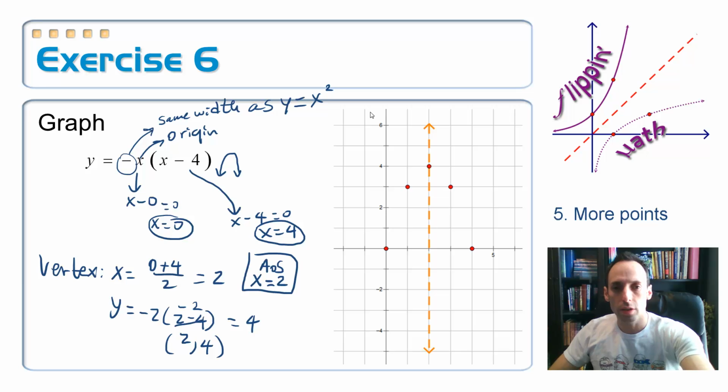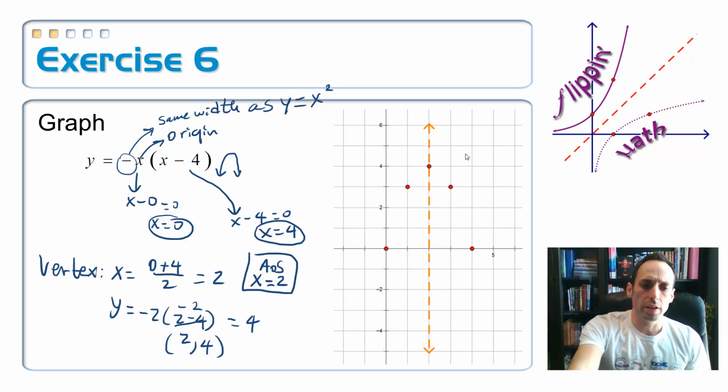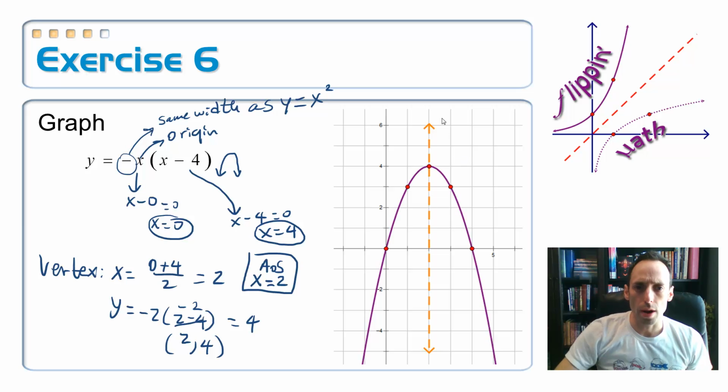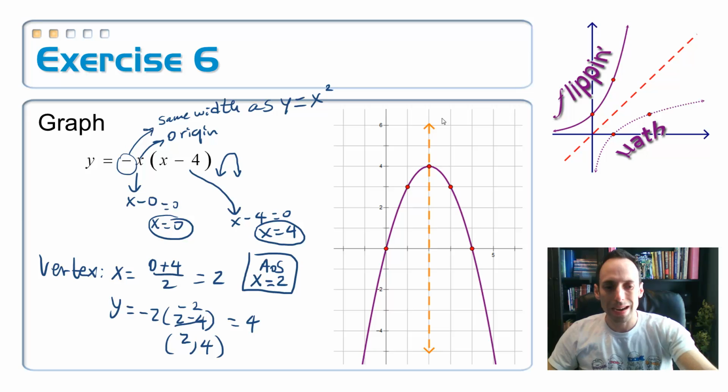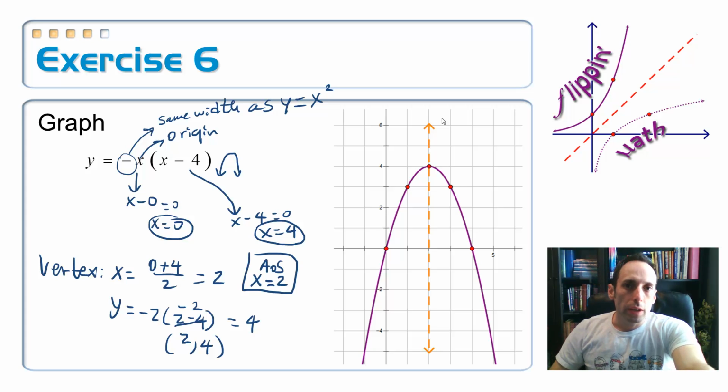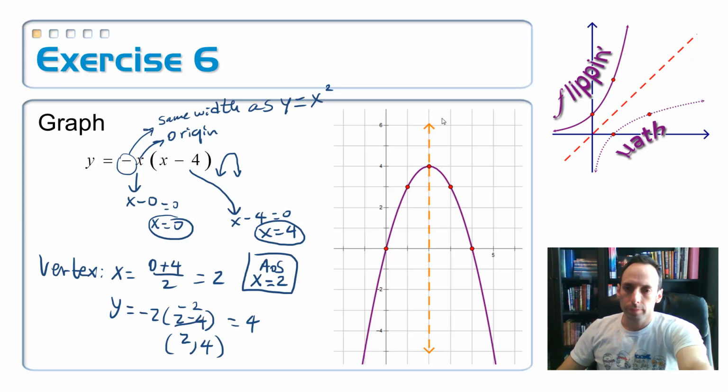For example, 1 squared would be 1, negative 1 squared would be 1. And that's enough to graph the rest of your parabola like so. All right, not too bad. Way, way easier than the standard form, in my opinion.